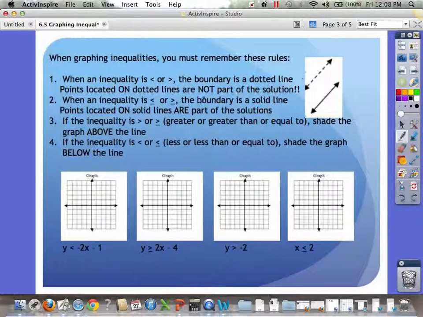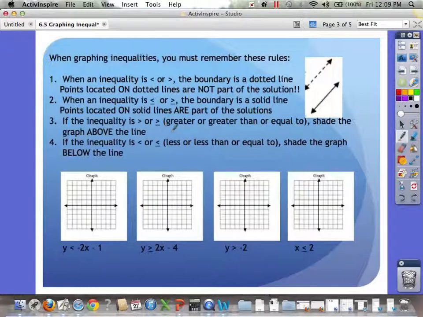Okay? And then when an inequality is less than or equal to or greater than or equal to, the boundary is a solid line, just like we've been doing before. That means that the solutions, the ordered pairs that are on this line are part of the solution. Okay?